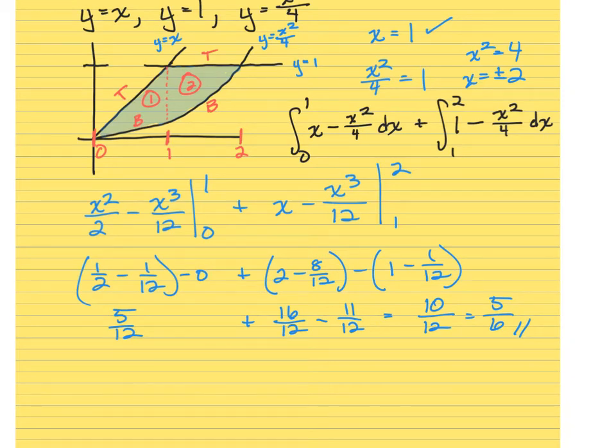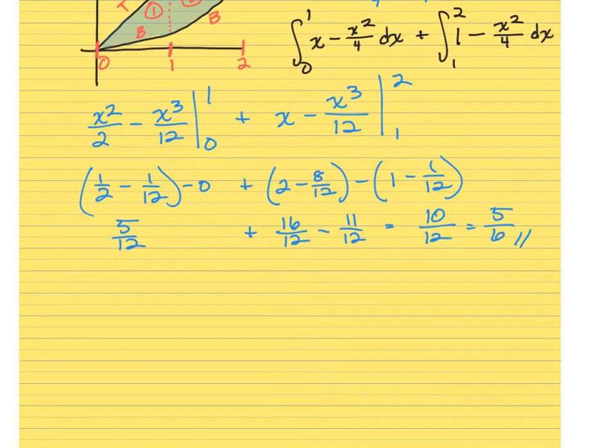Now, this is an example of a problem we could actually do using the right minus left method. If we view the x squared over 4 as right and the y equals x as left, the integral would look like this. So we'll just write it down here. Not very many of them will be able to be worked both ways.